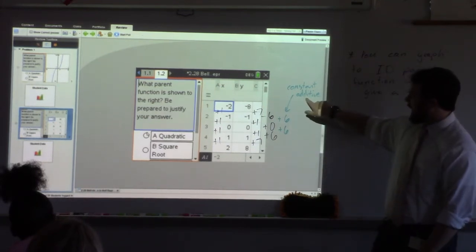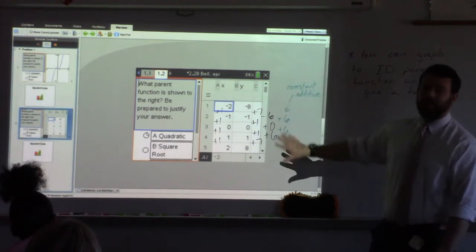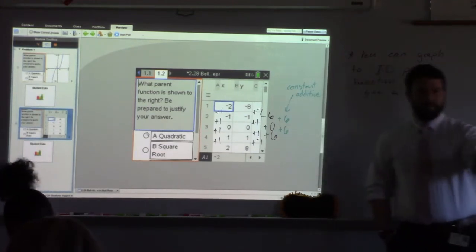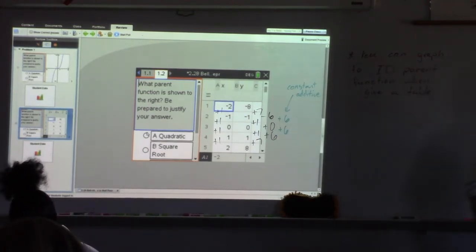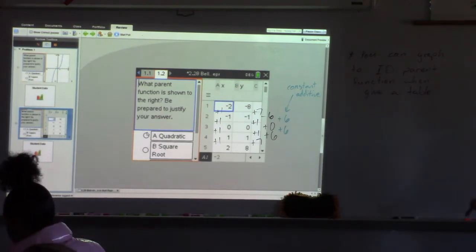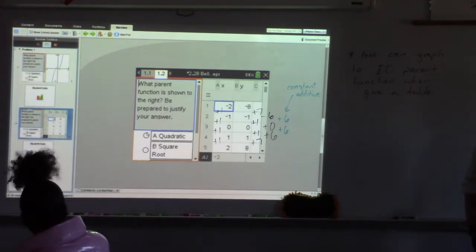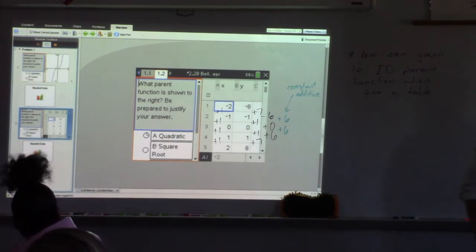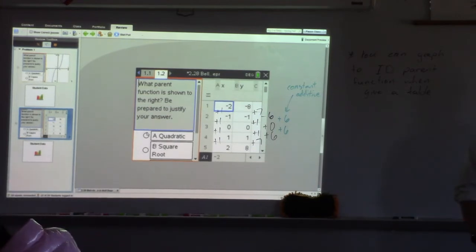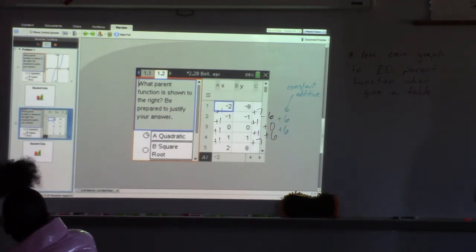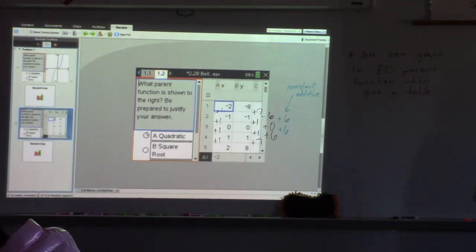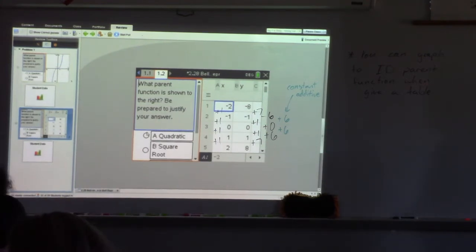If this is linear additive, and you should have this written down by now, and I applaud group 4 for already getting there. We should already have this table and these rates of change written down somewhere. You have plenty of space on that sheet. So it's plus 6 to get all of them.